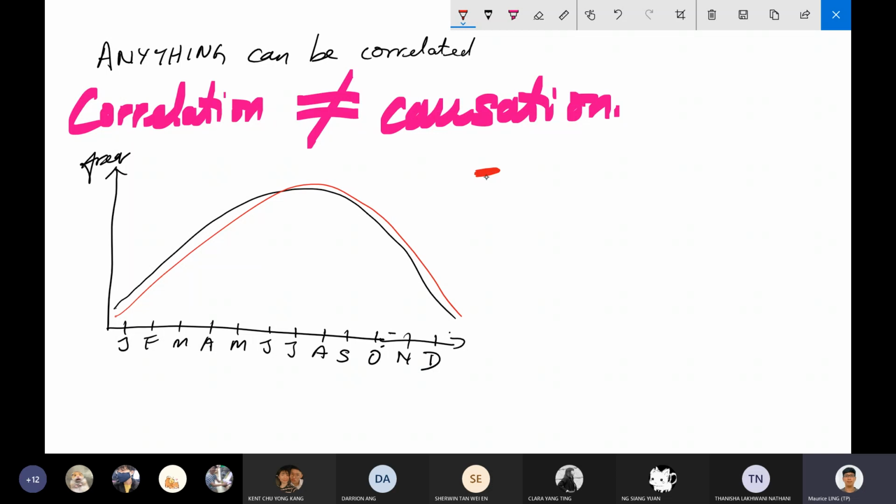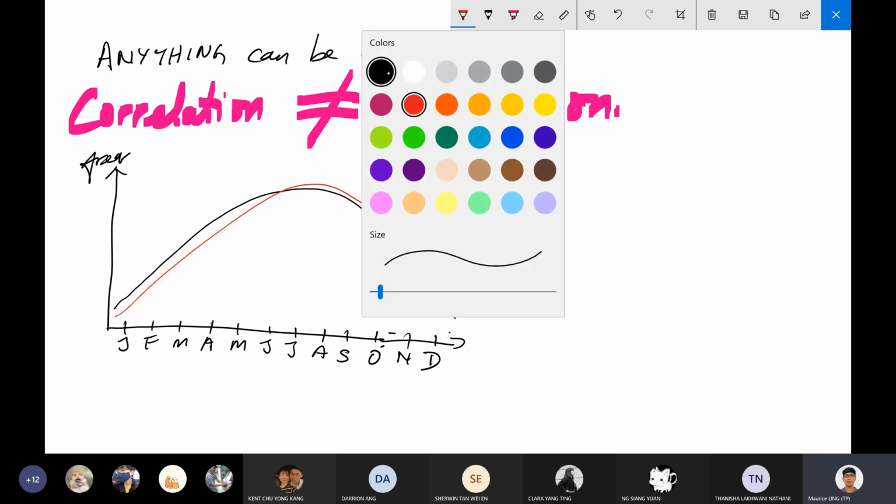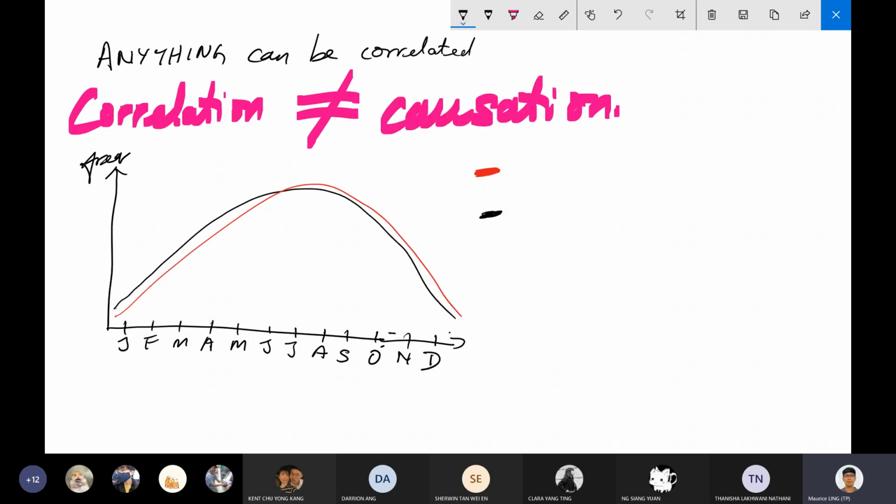But if I tell you that the red line and the black line mean something interesting. The black line is, let's say, I'm plotting ice cream sales. The red line, I'm plotting number of shark attacks. And this is real data. So I'm asking you this question.